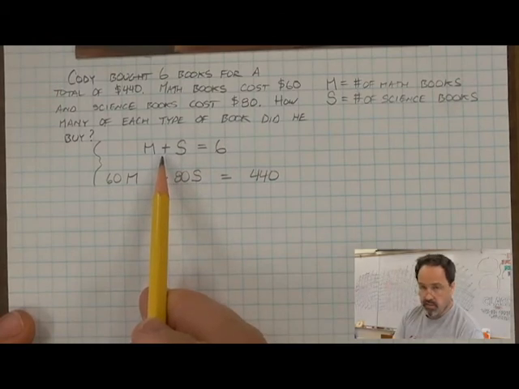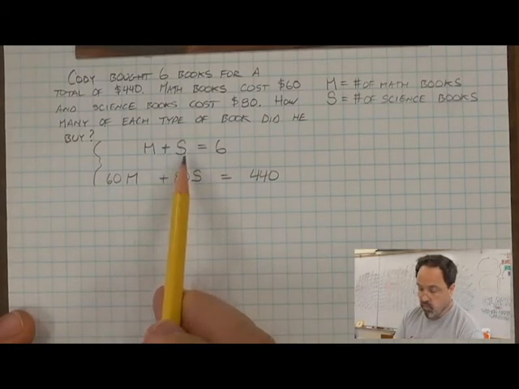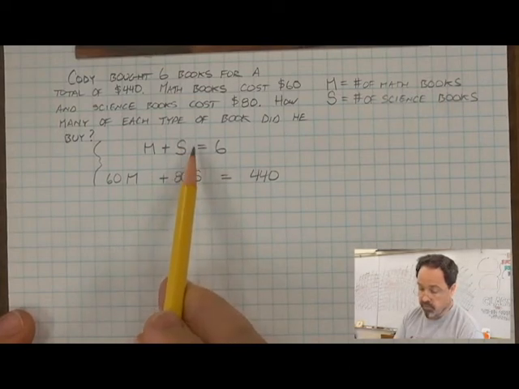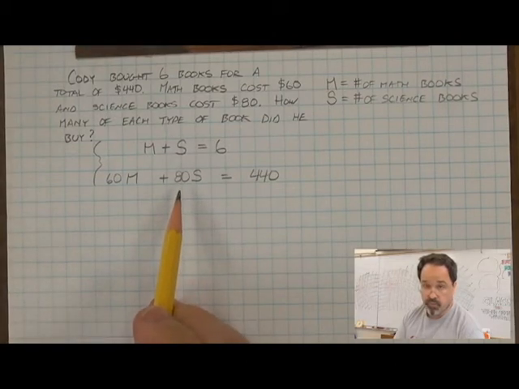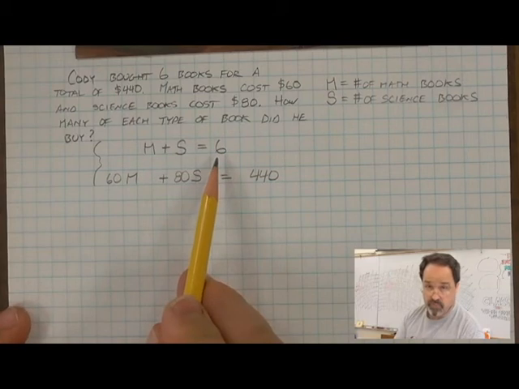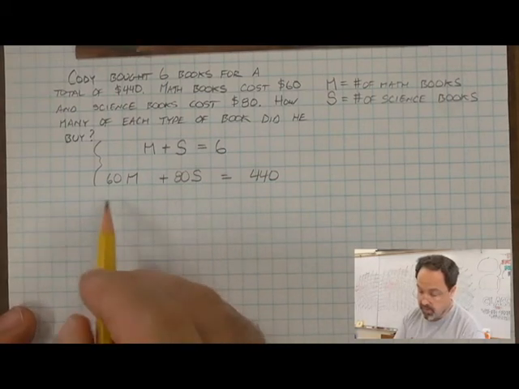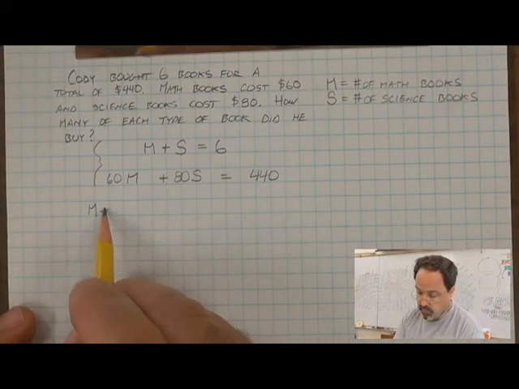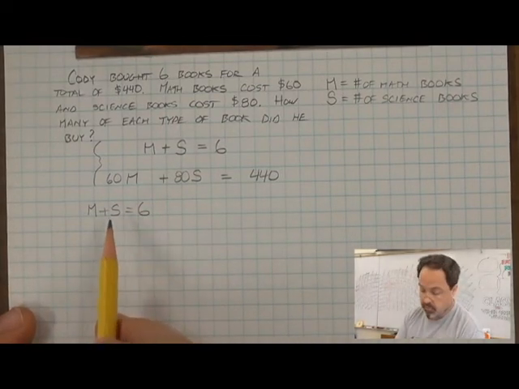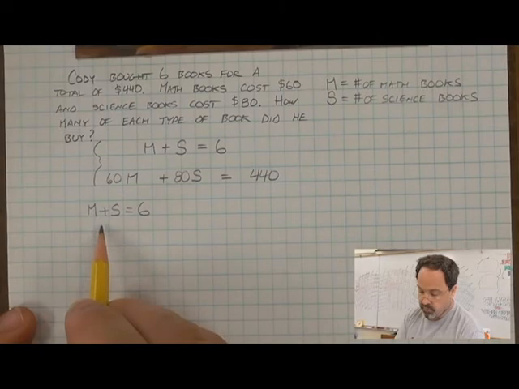I'm going to use the strategy of substituting one equation into the other, but I'm only going to understand how to do that if one of my equations is solved for one of the variables first. This first equation is not solved for m or s, but I can do a side problem and solve it for either one. I'm going to choose to solve it for s by subtracting m from both sides.